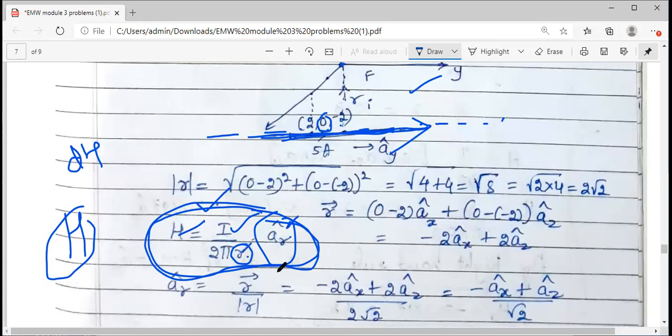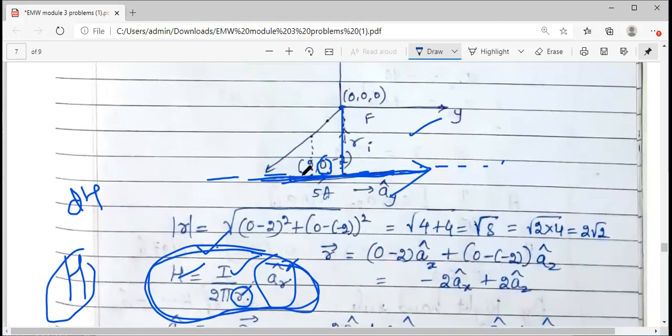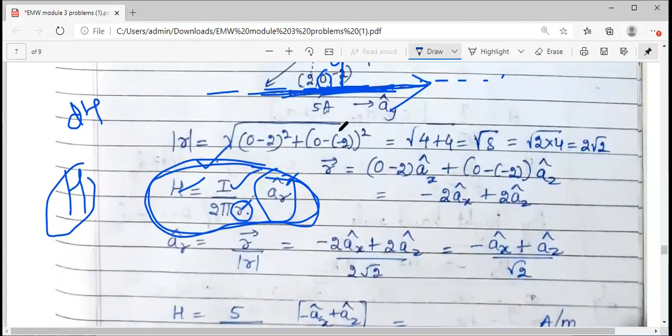How to find R? So what is R? Suppose here is your current element, this is your conductor, this is your point, and this distance is your R. I have calculated that distance as the square root of the points, using the distance formula. I got root 8, which is nothing but 2 root 2.